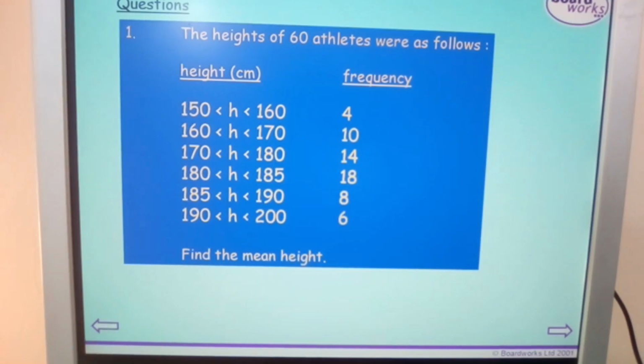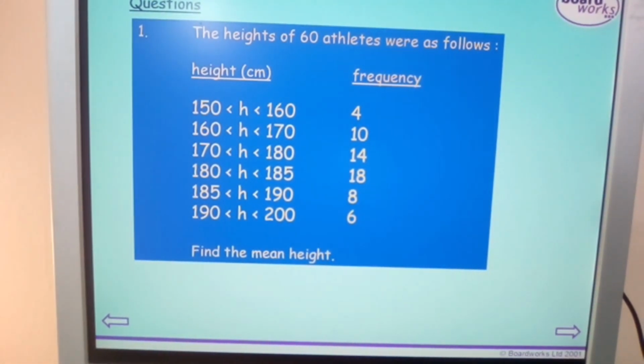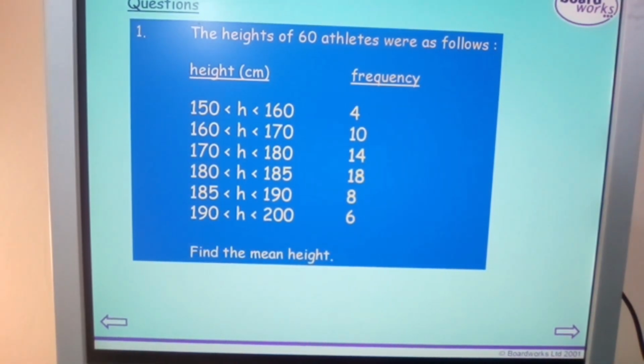And here we have again something similar. Find the mean height.